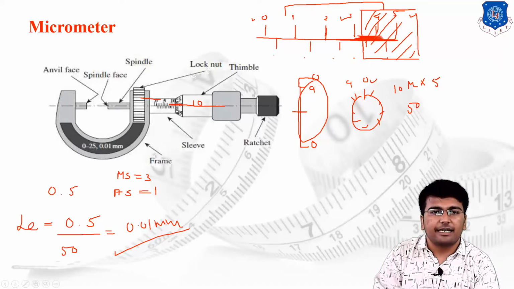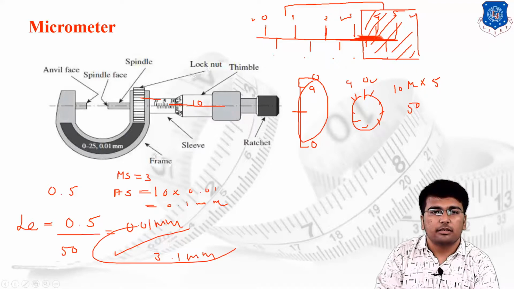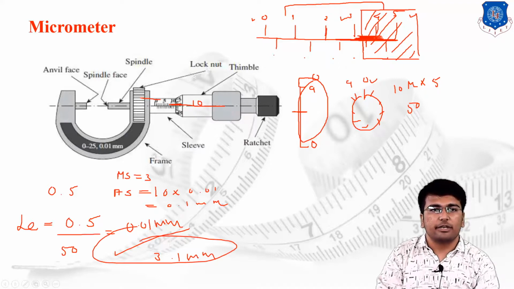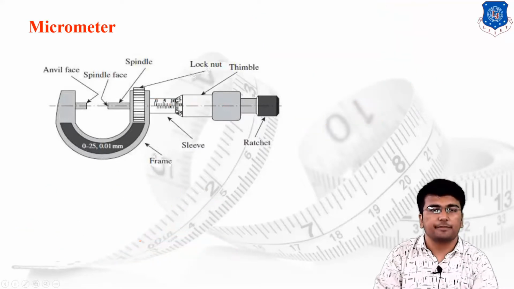Then I can say that 10 multiplied by the least count, 0.01, is 0.1, then the final reading is 3.1 mm. This is the basic concept of the measurement by using the micrometer.